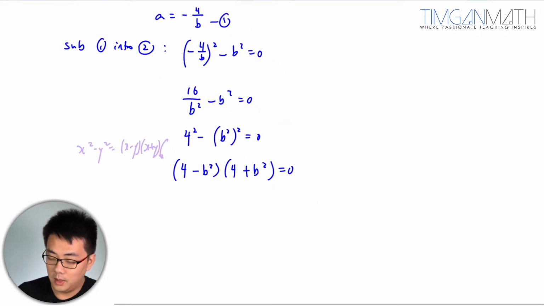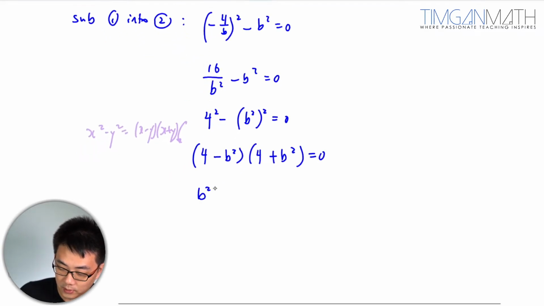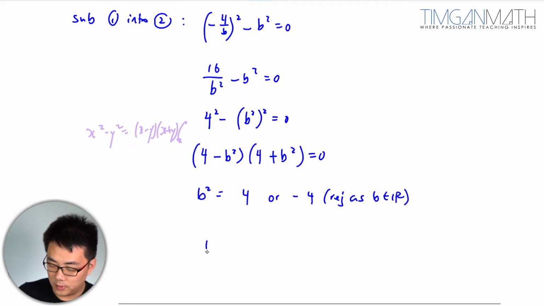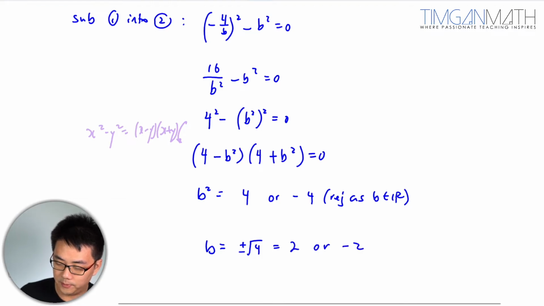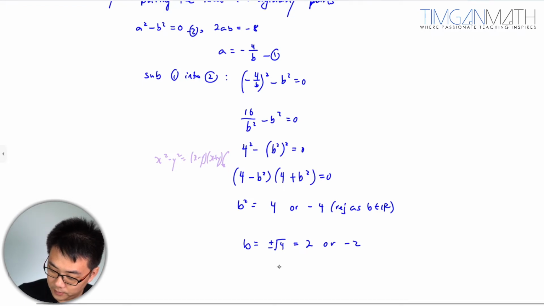How this is done, what we get is b squared equals 4 or negative 4, and we reject this as b is real. So b is equal to plus or minus 2, which is 2 or negative 2. In this case, a would then be, for b equals 2, a equals minus 4 over 2, which is negative 2.